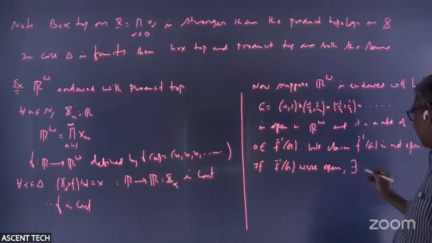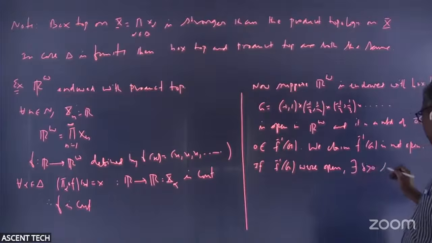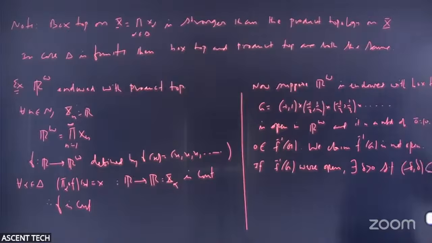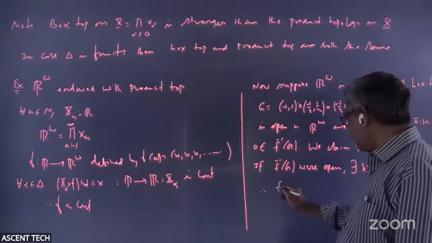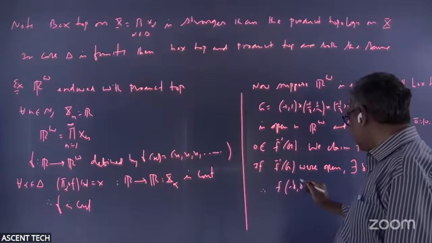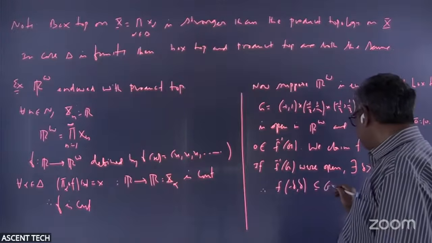So there exists a delta greater than 0 such that (-delta, delta) is contained in f inverse G. Therefore, f of (-delta, delta) should be in G.